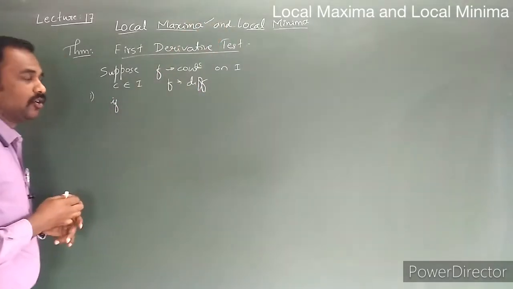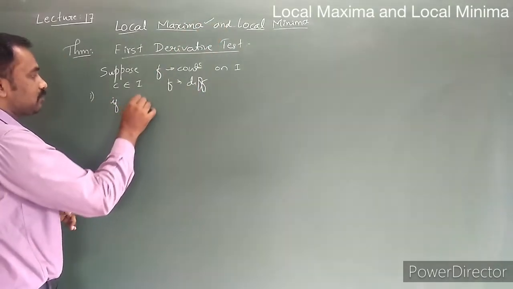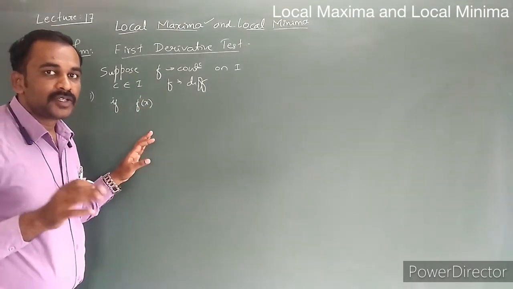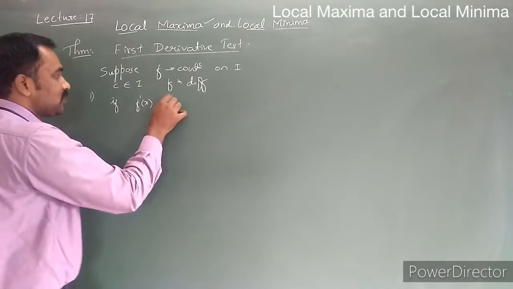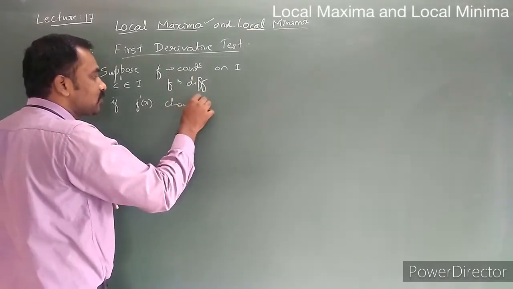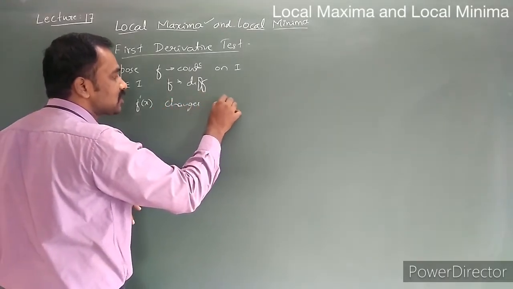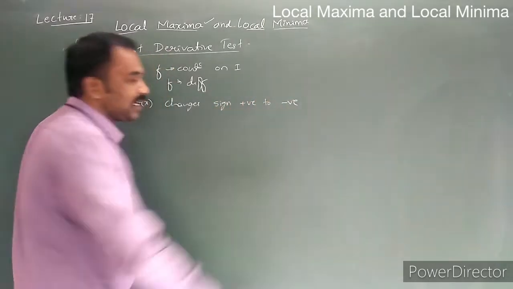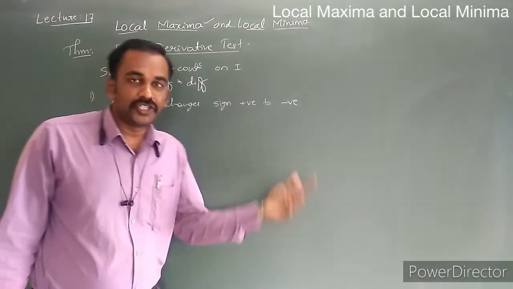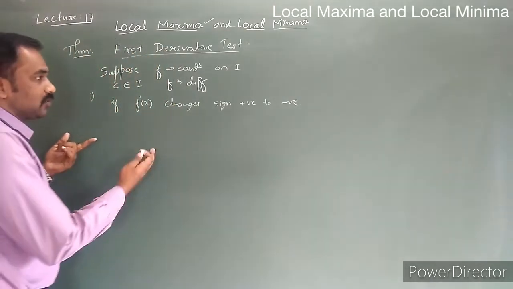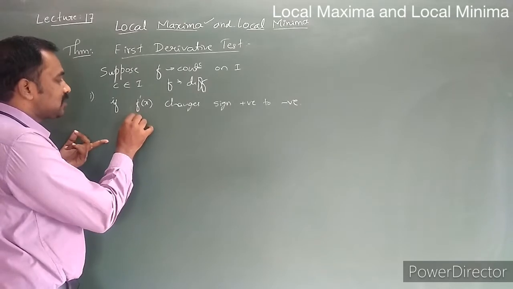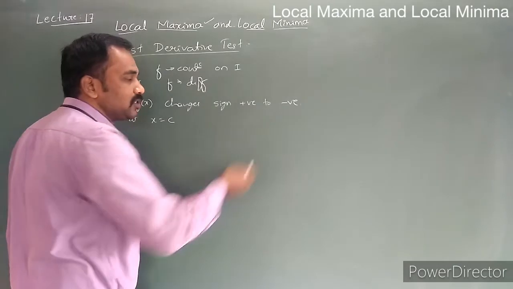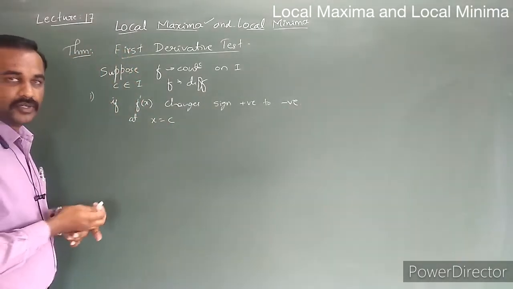When we need to get the local maxima, suppose f dash of x, which is nothing but the slope of the tangent to the curve, changes its sign from positive to negative at x equal to c, very close to c.